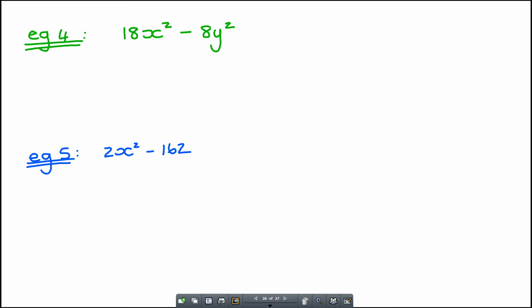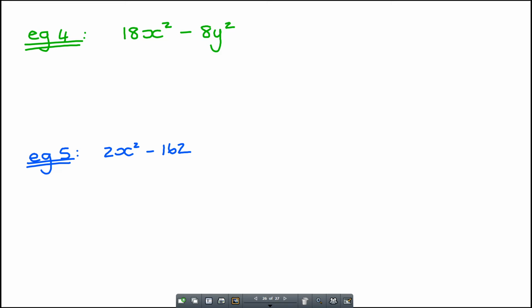Next. Over here. Have I got two terms? Yes. Is there minus in between? Yes. Can I get square root of each? No. What's the problem here? I can't get square root of each. But I can get square root of x squared and I can get square root of y squared.